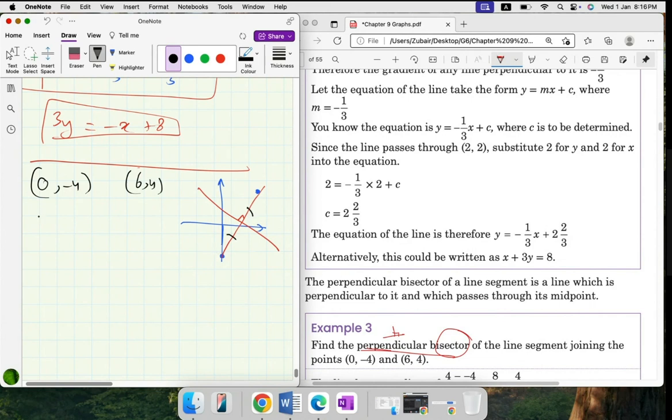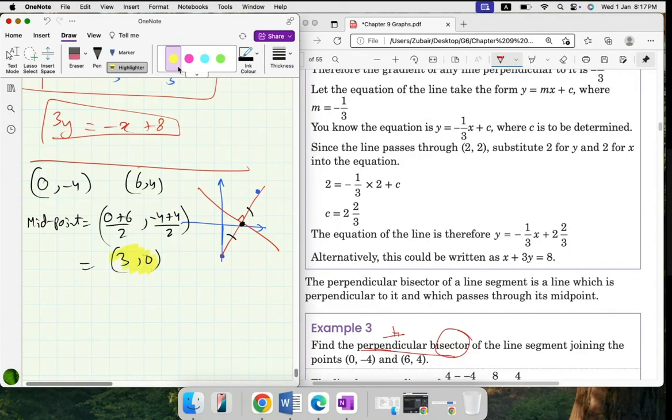So I'm finding the midpoint first. Midpoint is x1 plus x2 over 2, y1 plus y2 over 2. So 6 by 2 is 3 and 0. Midpoint is 3 comma 0.